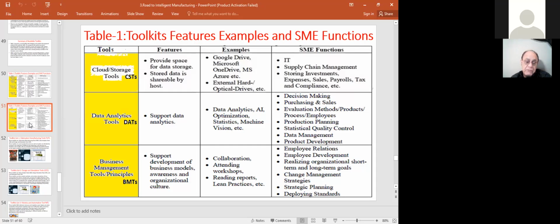These are called BMTs, and BMTs are really business management tools, and they support the development of business models, and awareness in organization culture, collaboration, attending workshops, reading reports, marketing, and employee relations, and all that operational management that can be integrated to manufacturing. And this is how various stages are covered for getting into intelligent manufacturing.